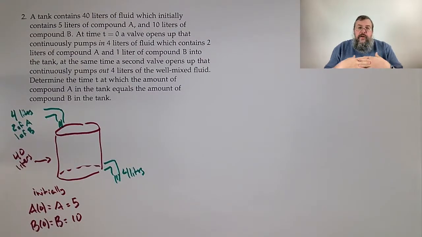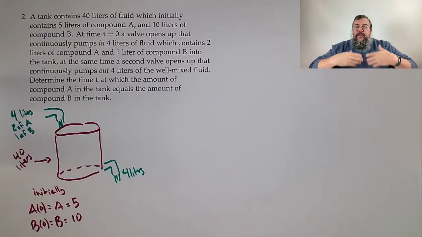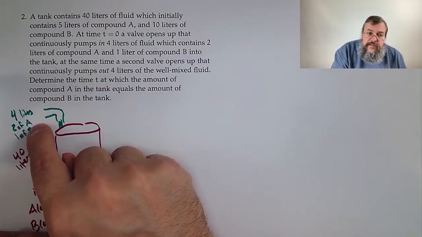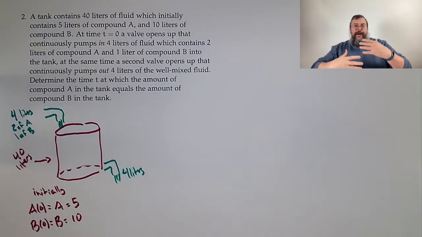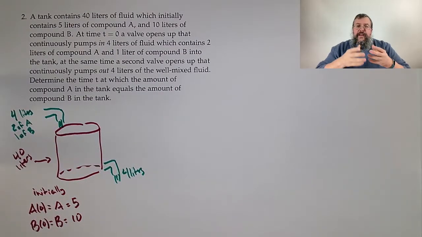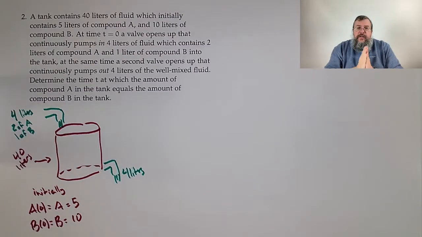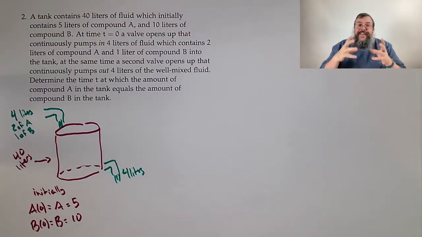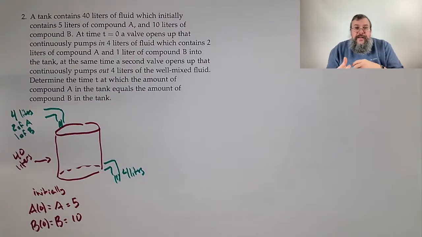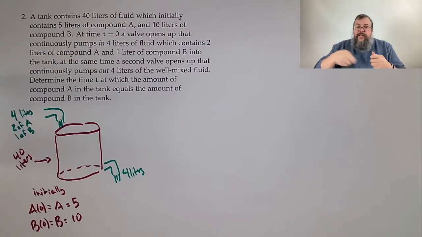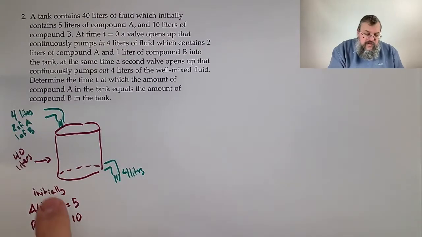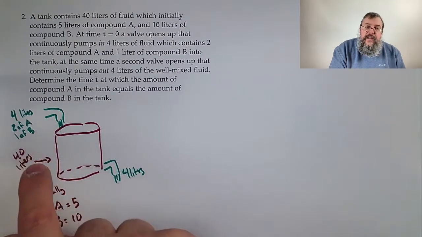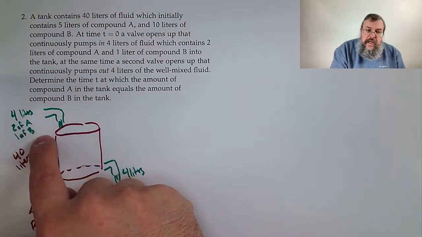Now, we're putting this fluid into the tank, and there's more of A than of B in what we pump in. Whatever you pump into a tank, the liquid in the tank is going to look like what you're pumping in, because in the long run, as time goes to infinity, it all mixes in and resembles what comes in. So in the long run, there's going to be more of A than of B.